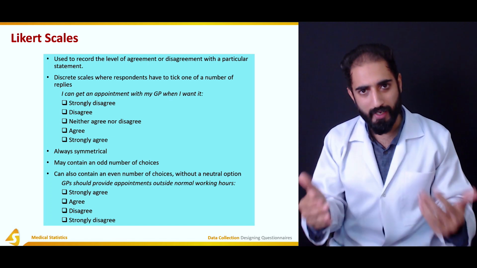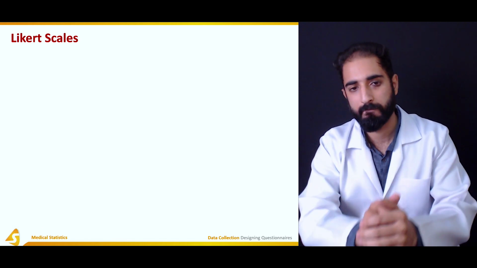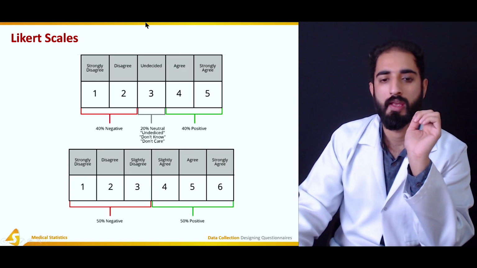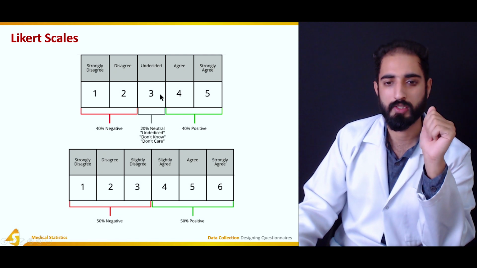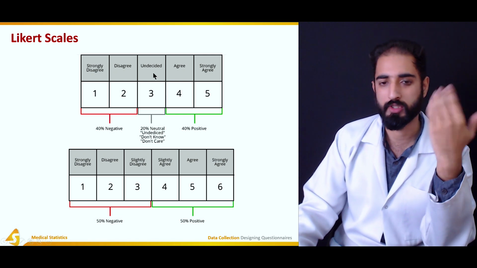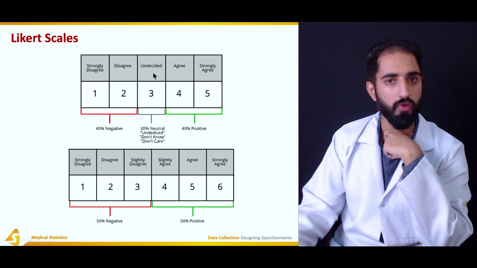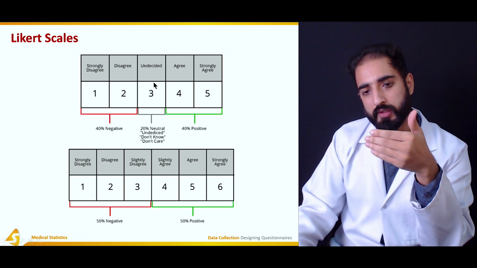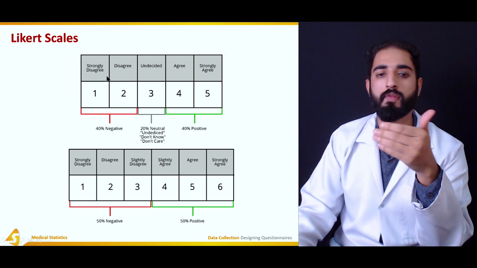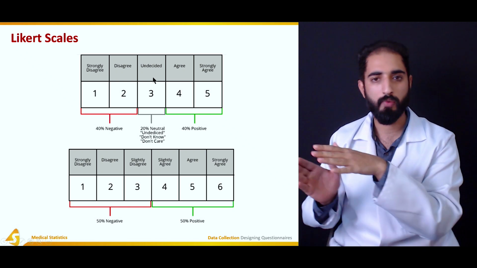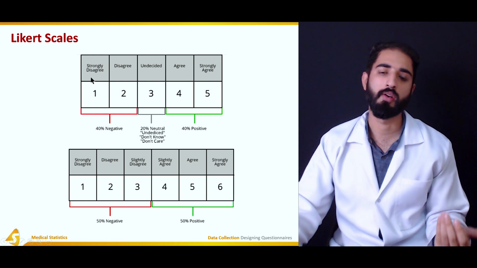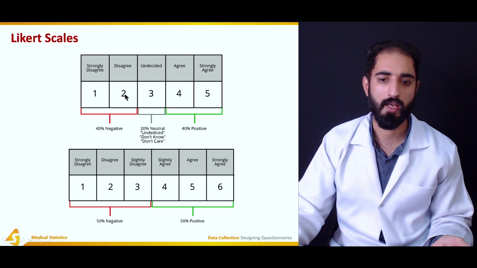Now, what is meant by being symmetrical? These two figures can explain how. If there is an odd number of responses, the center one is neutral, like undecided or don't know, and there is the same number of responses on the right hand side and on the left hand side. So the same number of responses on the agreement side and on the disagreement side, and one in the center.